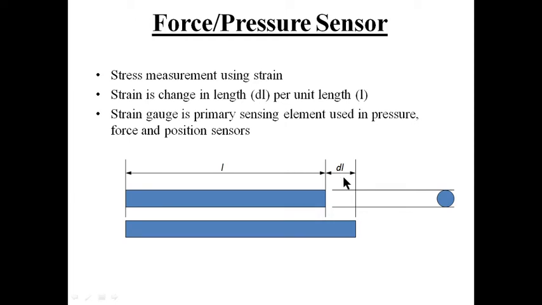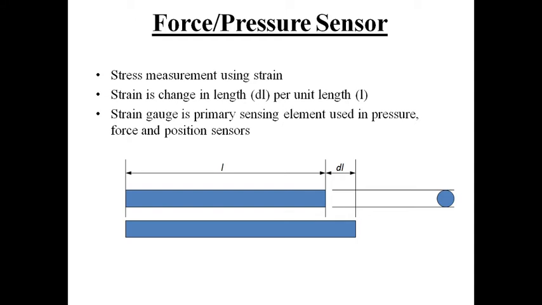The value of this dl depends on the applied force. If you apply more force, you will get a high value of dl, and if you apply a very small force, you will not get a very high change in length.